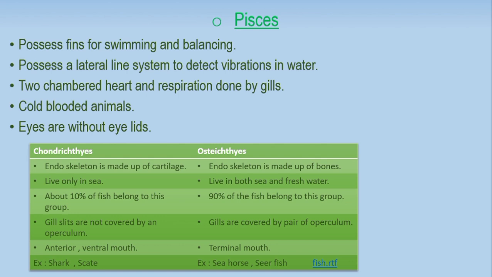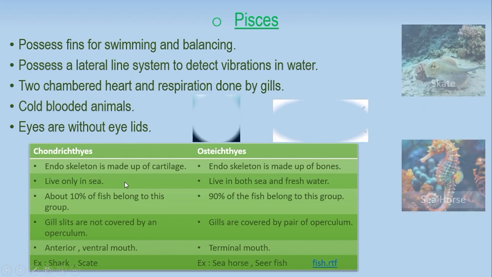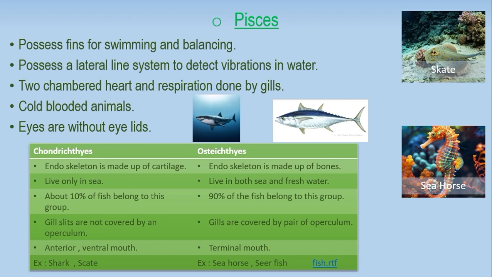They are visible to the external environment, but it's the opposite in osteichthyes, right? So their gills are covered by a pair of operculum, and these chondrichthyes have an anterior ventral mouth. Shark and skate are some examples.